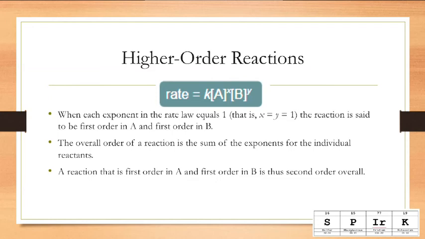So a reaction that is first order in A and first order in B is then second order overall. So 1 plus 1 is 2. So the overall order of this reaction would be second order. The actual order of a reaction must be determined by the experiment. So we can predict it, but then we can experimentally determine what order this reaction is.